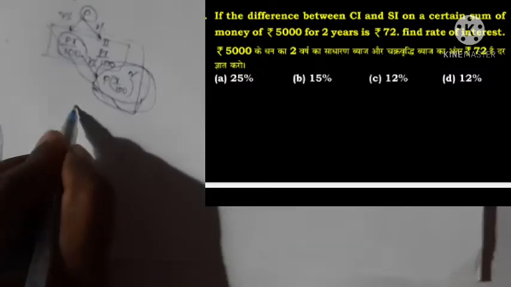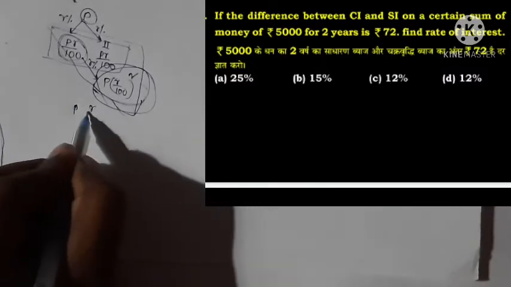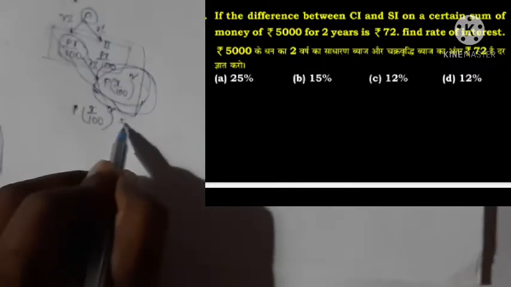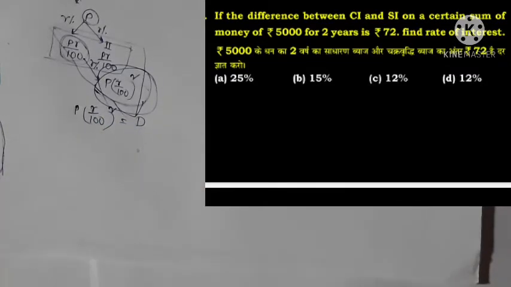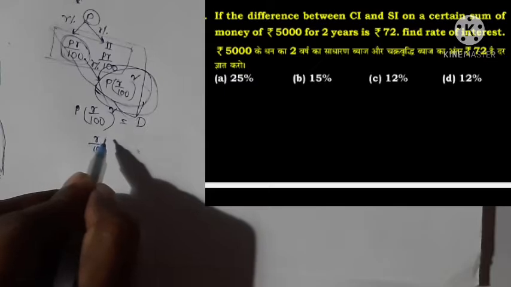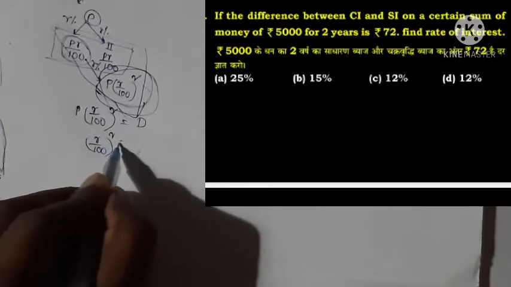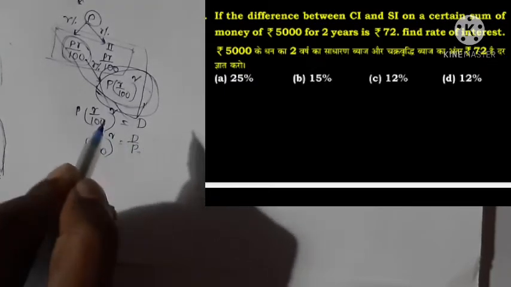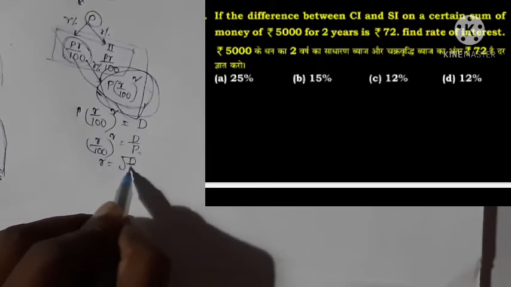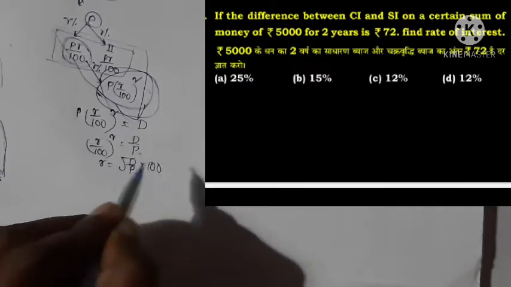That means P into R by 100 whole square is equal to the difference. Here R by 100 whole square is equal to D by P. Here R is equal to square root of D by P into 100.